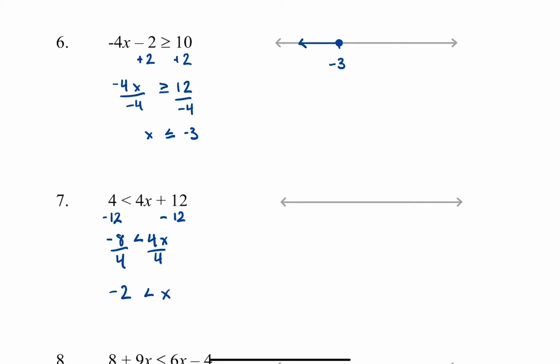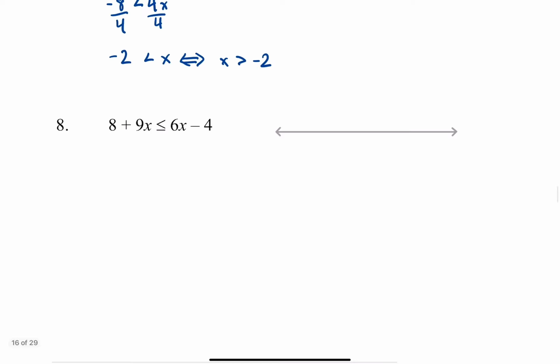So just keep in mind that this is equivalent to x is greater than -2. You can flip that. But that means when we have our -2, it's going to be an open dot because there's no equal to, and we're going to be going to the right this time. So again, be careful. It's only the direction the inequality points whenever the x is on the left side of the inequality statement.